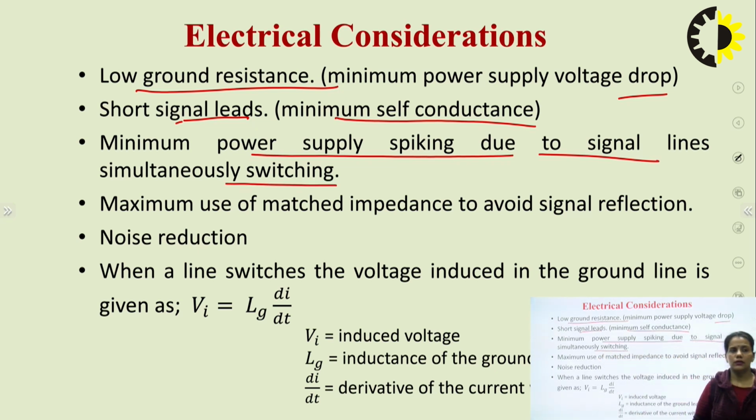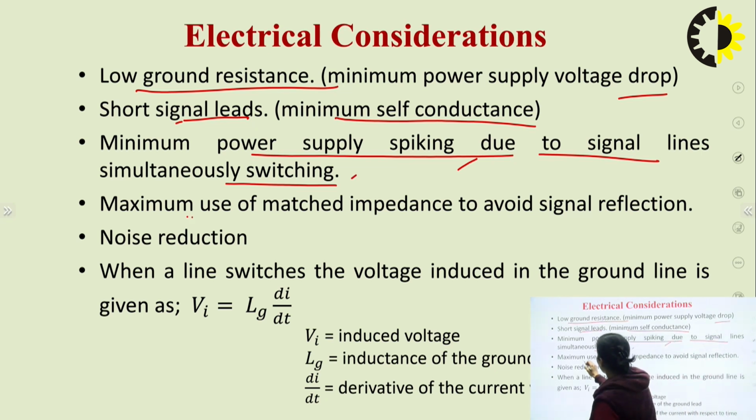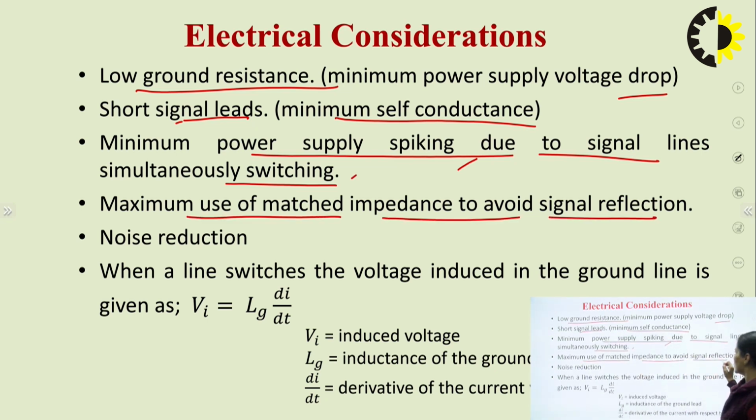As we know that due to the high level of integration, there are the millions of interconnections present on a single IC. And due to the simultaneous change in the signals within these interconnections can lead to the spiking, which has to be avoided. Maximum use of the matched impedance should be encouraged to avoid signal reflection.